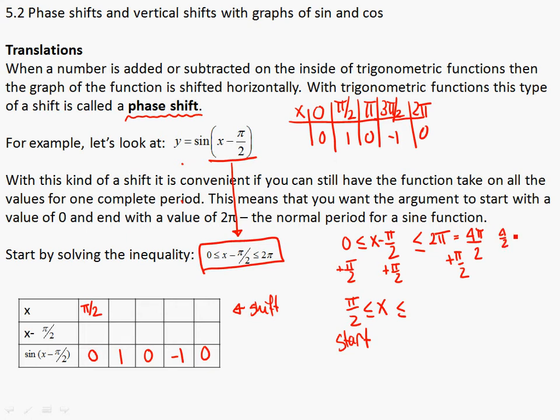What's 4 over 2 plus 1 over 2? 5 pi over 2. So that is the end on that shift. The shift comes from finding a new starting and a new ending point.